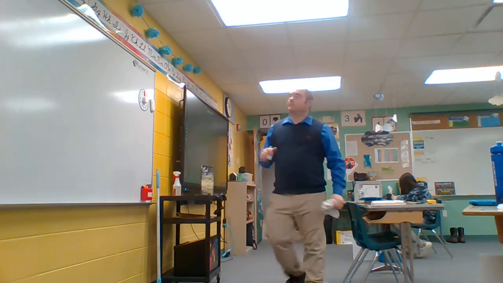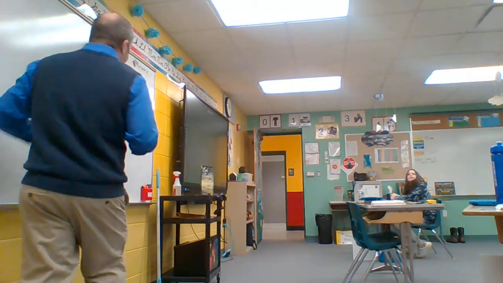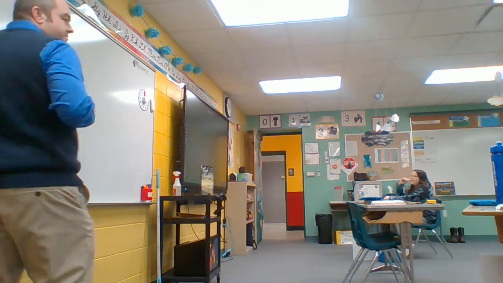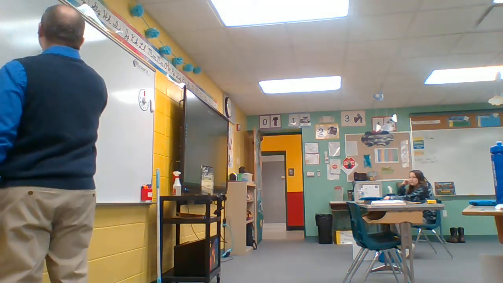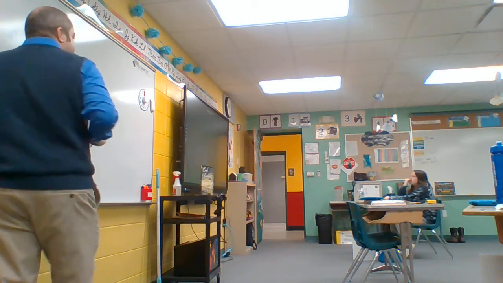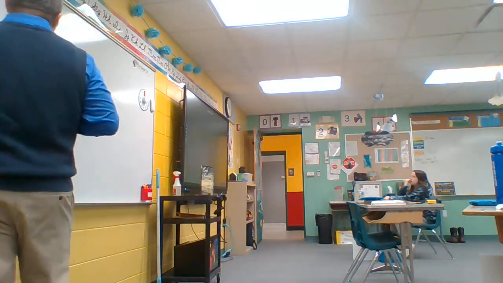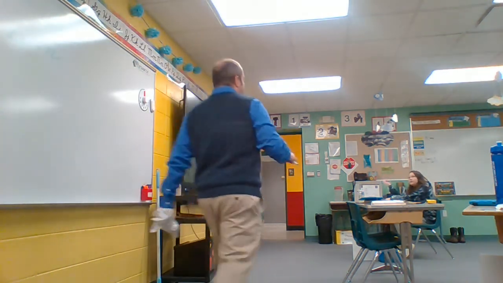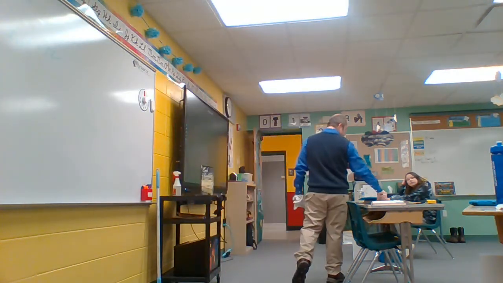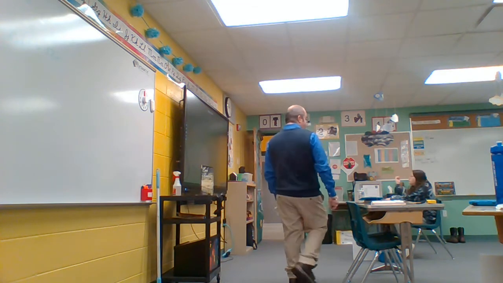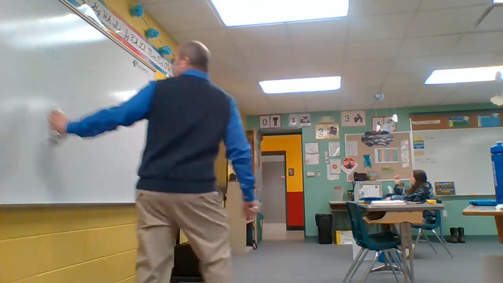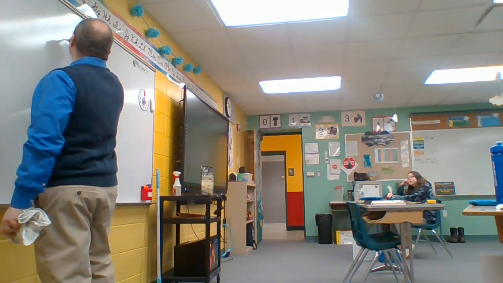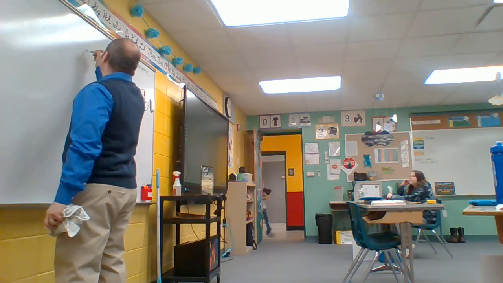So all together, 1 foot equals how many inches? 1 foot equals 12 inches. Okay. 1 foot is always going to equal 12 inches. You've also got a little chart up here. I'll write it a little better. 1 foot equals 12 inches.